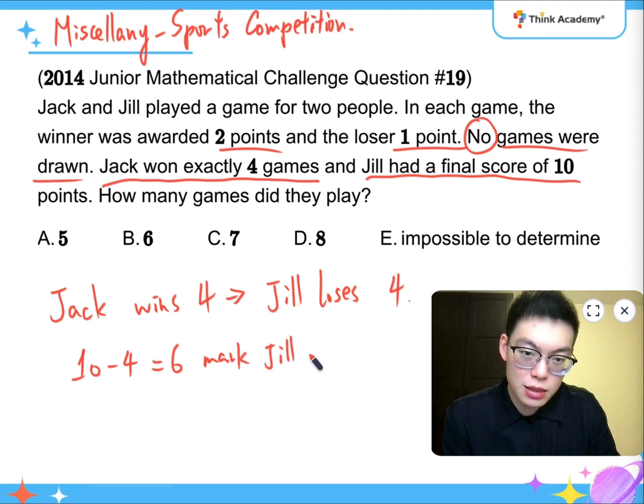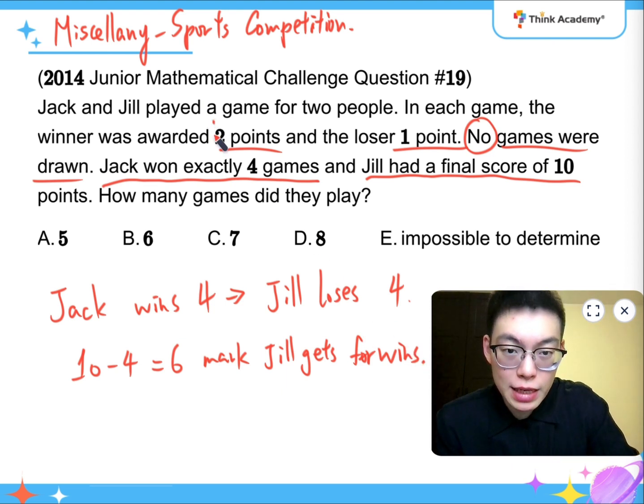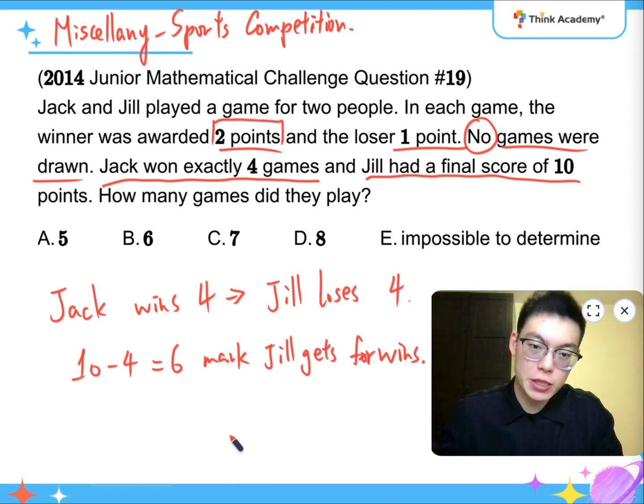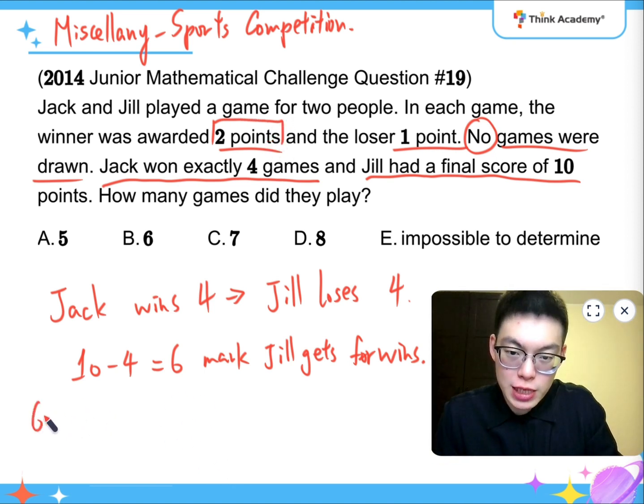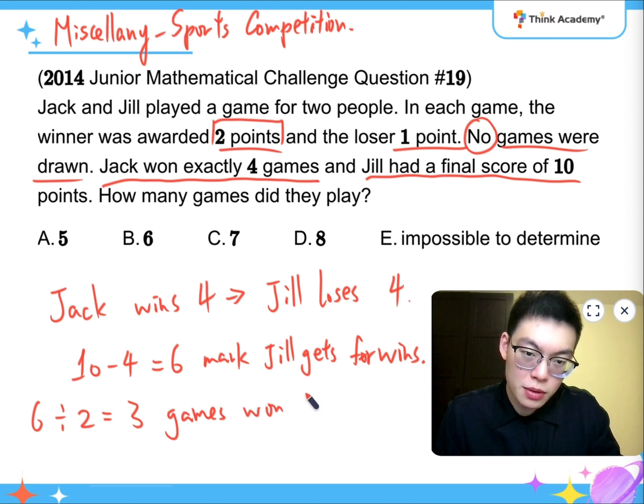Jill gets 6 marks for wins. All right, and we know that each winning is going to get 2 points. So if I do 6 divided by 2, we can see that it is 3 games won by Jill.